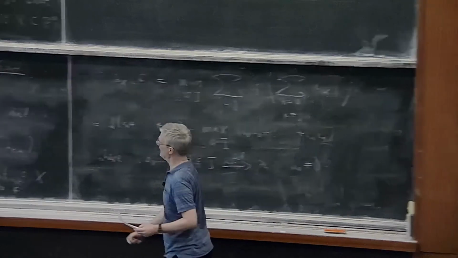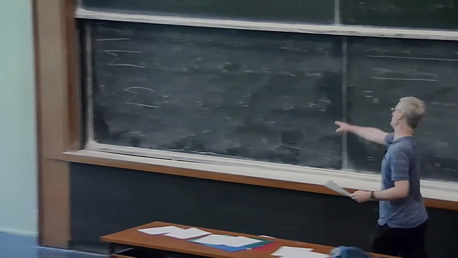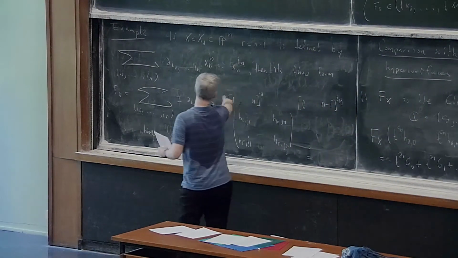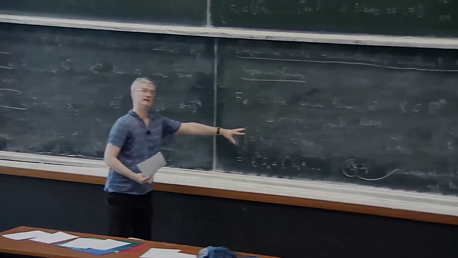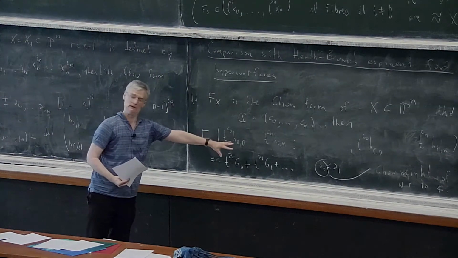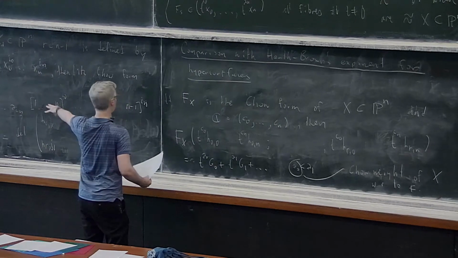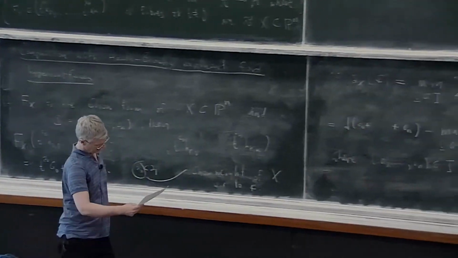So this is what happens. Only those coefficients which are non-zero will contribute to this expansion, so I only have to consider them. I just use this formula, and then I get this expression.